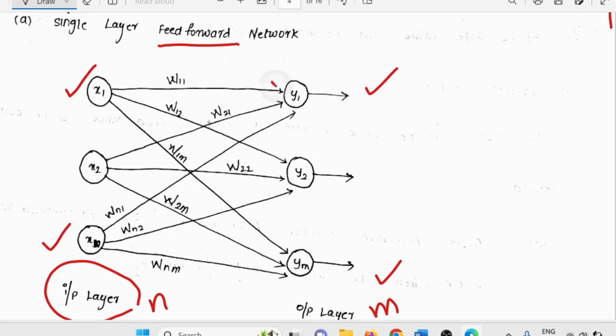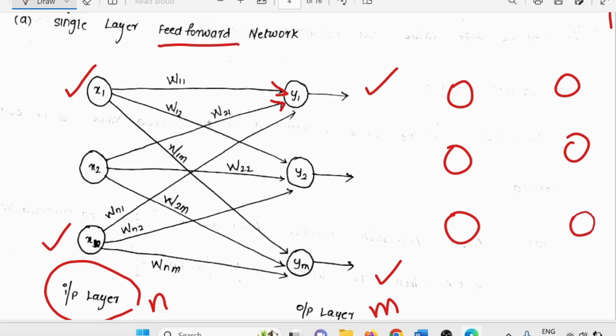So all the arrows have to go in the forward direction. So first you draw like this, and then for example I'm just showing 3 neurons over here. So I'll connect the first input x1 to the output y1, then next one is also connected, and likewise.